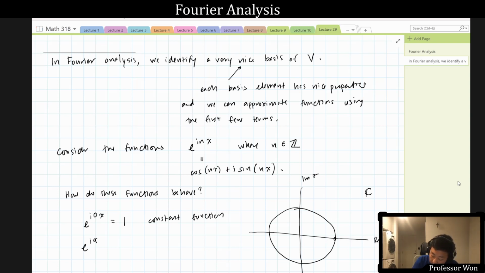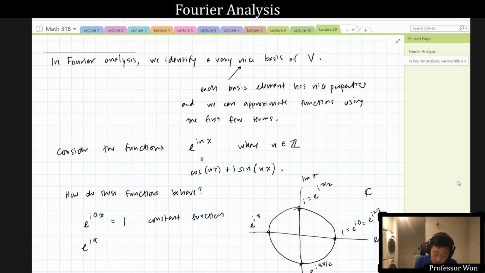Right, so this point here is 1, which is e to the i 0. This point here is i, but that's e to the i pi over 2. This one is e to the i pi. This one is e to the i 3 pi over 2. But this is also e to the i 2 pi.